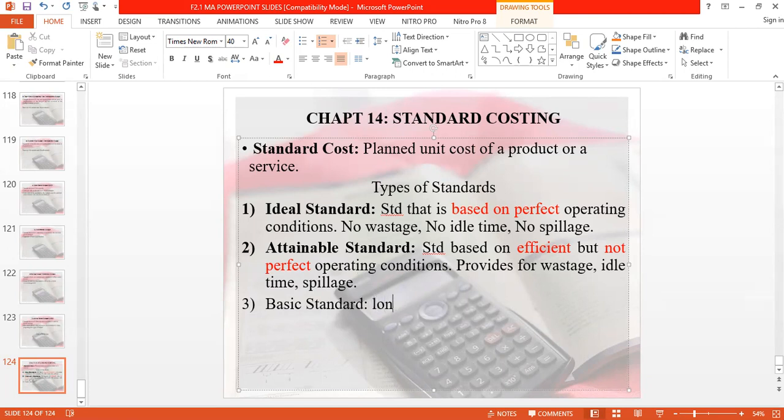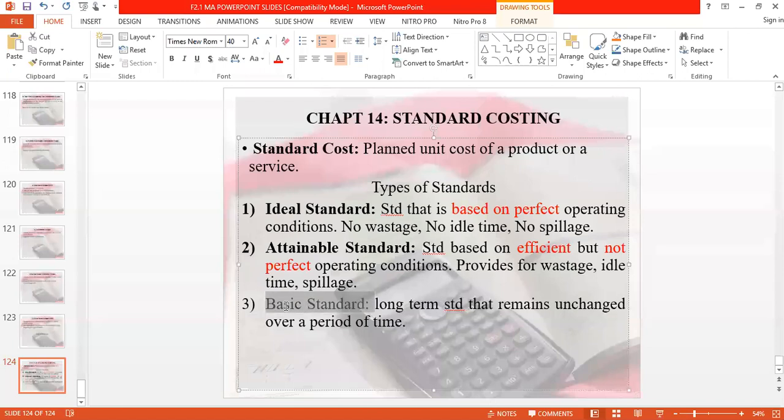This is a long-term standard that remains unchanged over a period of time. It is a standard that is always the same. It does not change. So when we set a standard maybe for the next 5 years, that is called a basic standard.